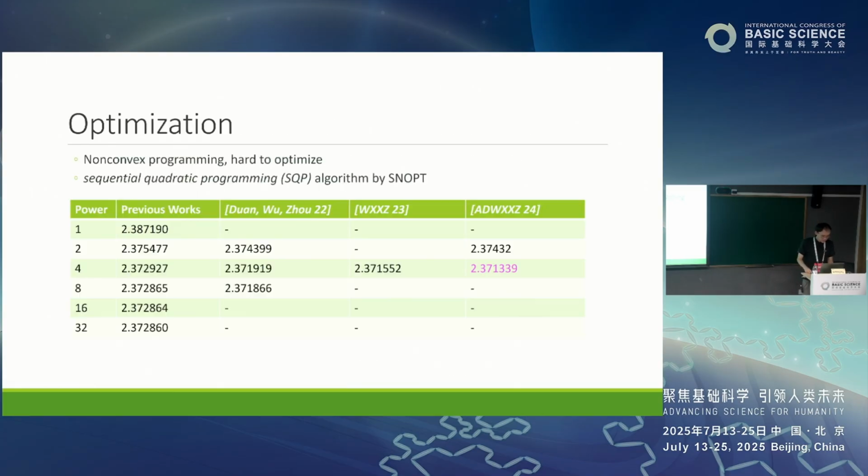Okay. So the idea is like that, but finding the optimal parameters is very complicated. So for this, we only get the bound for the fourth power. Okay, that's all.